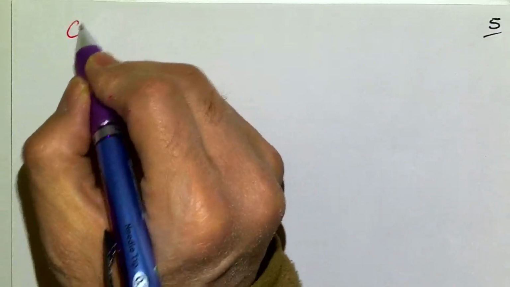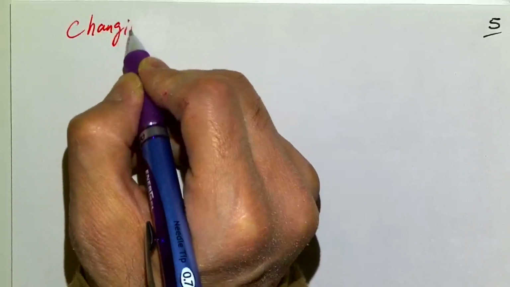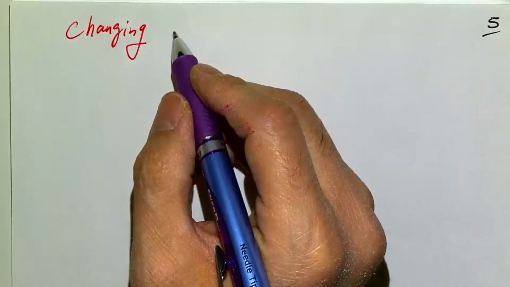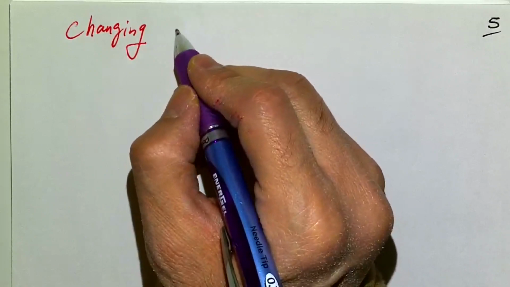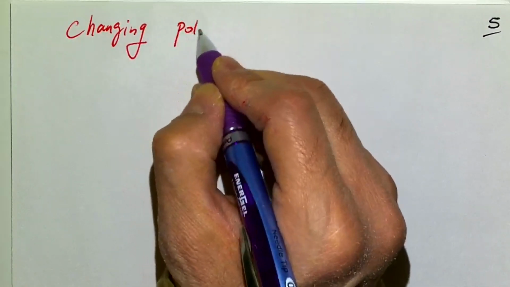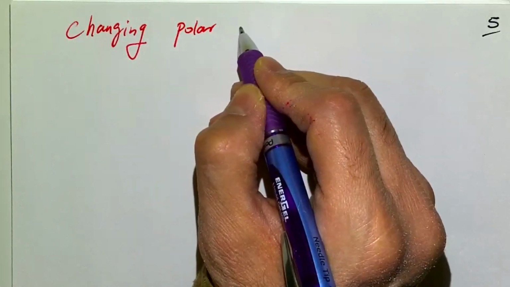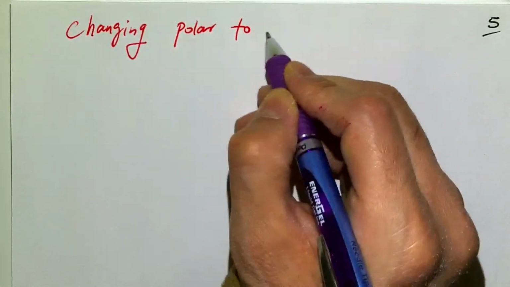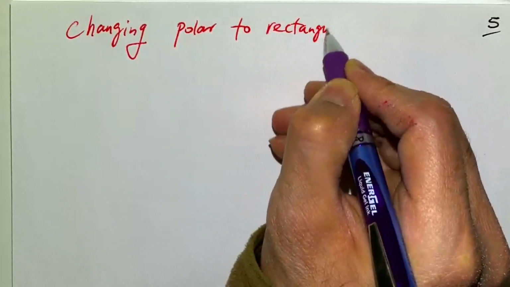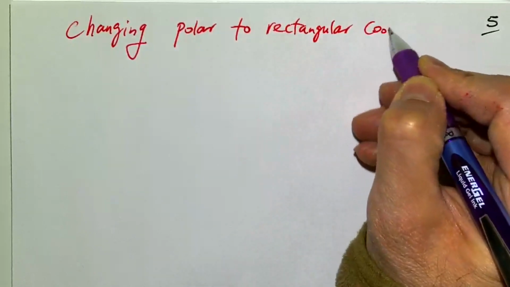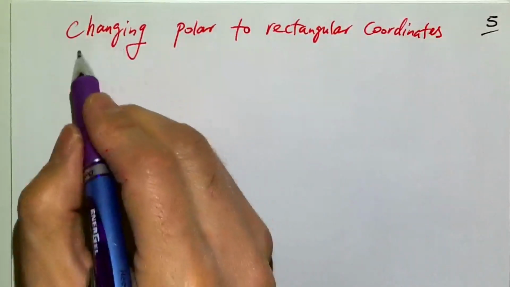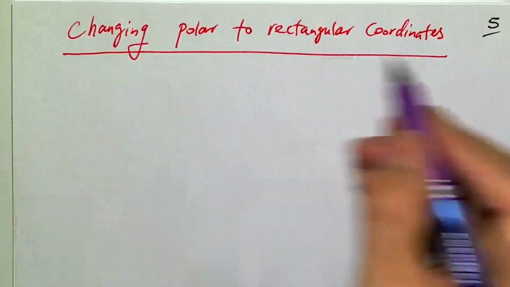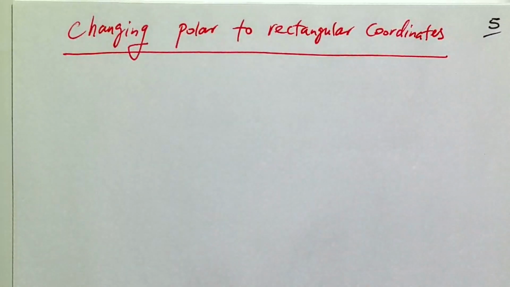So let's start with changing polar to rectangular coordinates, and then we'll do the opposite, from rectangular to polar coordinates.